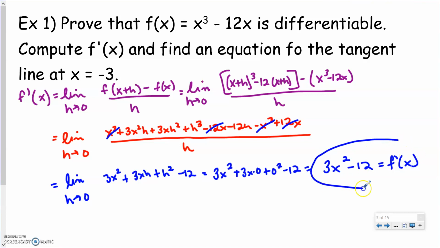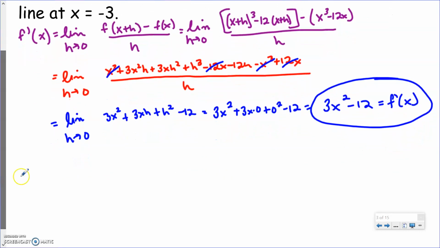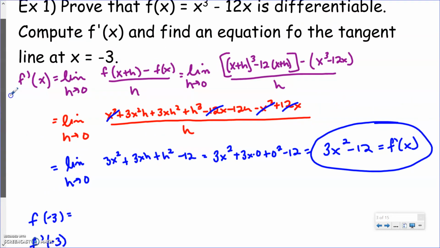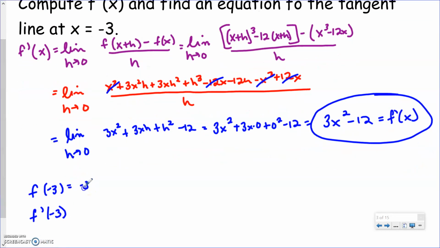Okay, since we were able to find the derivative with x in there instead of the point, we know that it exists. I'm going to find f of negative 3 and f prime of negative 3. So f of negative 3 is negative 3 cubed minus 12 times negative 3, which gives me 9 when I calculate that.